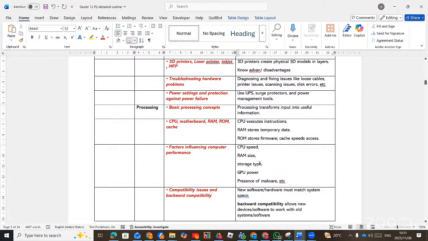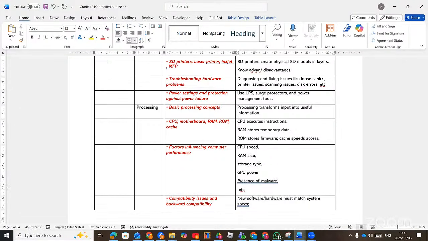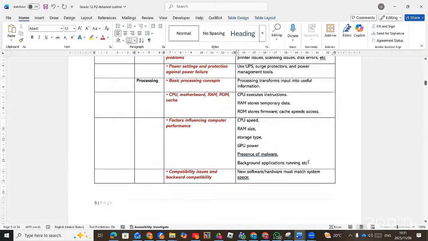Storage type meaning that SSD is faster instead of HDD, GPU power, the presence of malware. Somebody can also say background applications running. All these are factors that can also affect how your computer performs. Right.